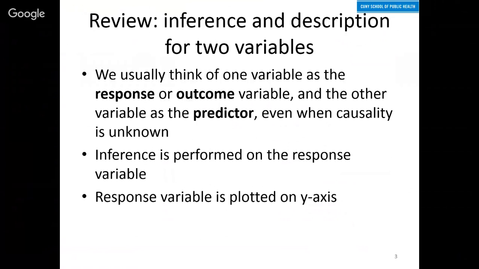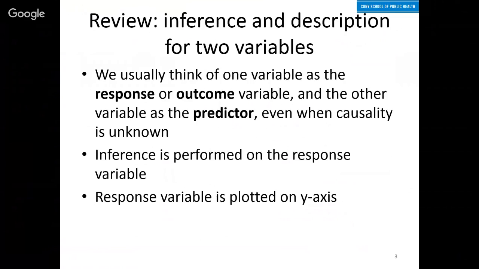Okay, so we've done a number of procedures for inference on two variables, although so far none of them have been for two continuous variables. But in each of these cases, in the cases of one continuous variable, such as analysis of variance, we have thought of the two variables: one of them is the response or outcome variable, and the other one is the independent or the predictor variable.